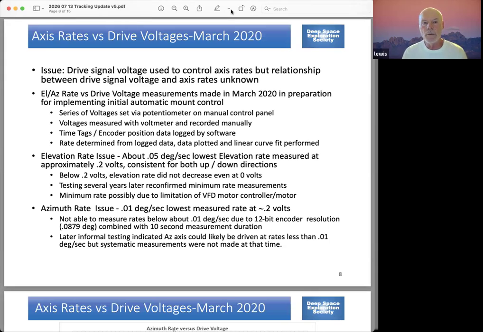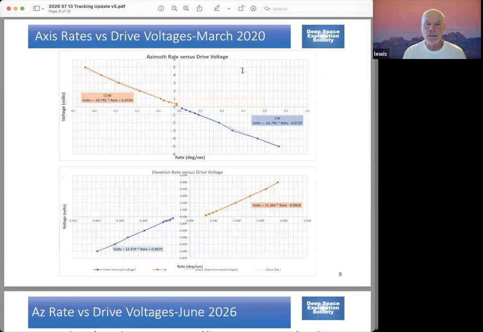I put the data into Excel and plotted it, and also did a linear curve fit. And I'm going to show some. Actually, let's jump forward to the next slide, and then we'll jump back to talk about the issues. These are the plots that came out of those measurements. I think it's rate on the horizontal axis and voltage on the vertical axis. And those little colored shaded blocks are the curve fits.